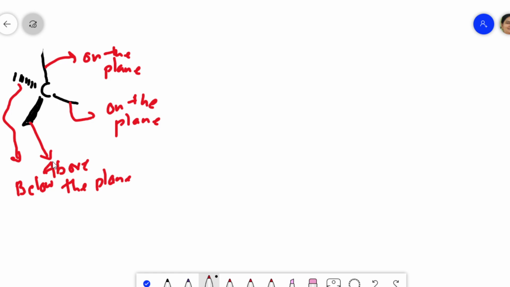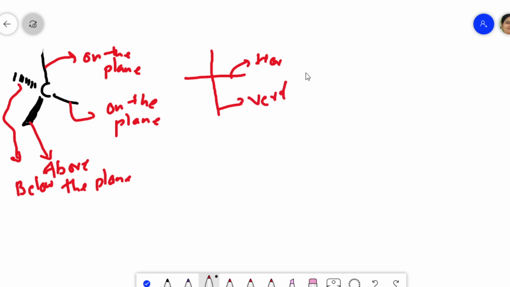Now if you have to convert this one into another formula, that is Fischer projection. Now I am trying to convert this one into Fischer projection. In the case of Fischer projection, you will find a horizontal line bond and a vertical line bond like this. So this is horizontal and this is vertical.